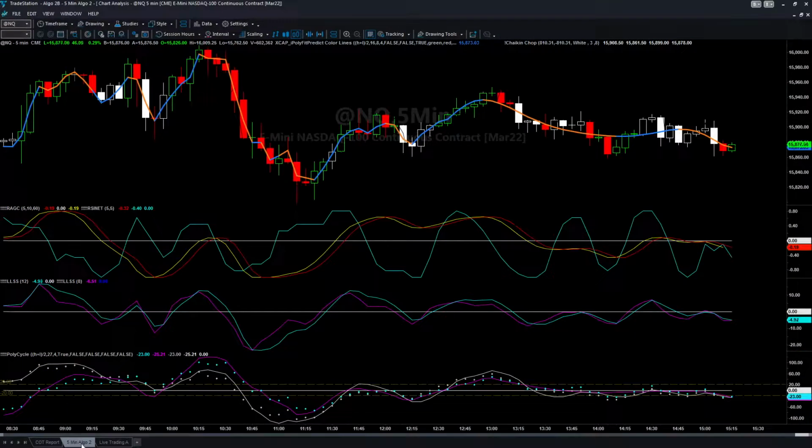Okay, let's look at that 5 minute. It's not yet in chop zone, but it's headed there right now.